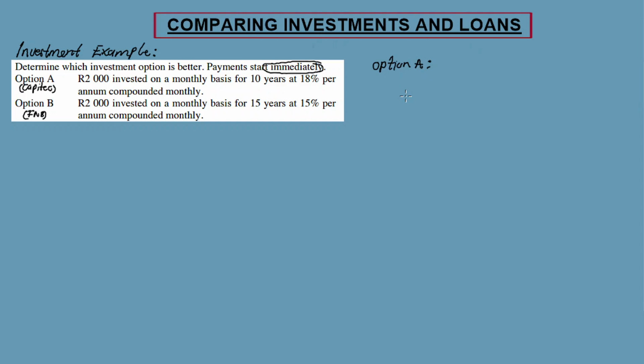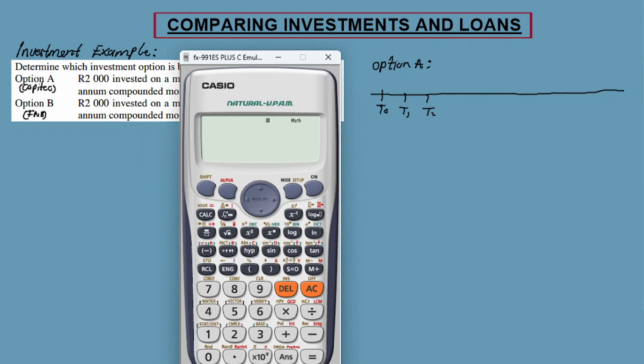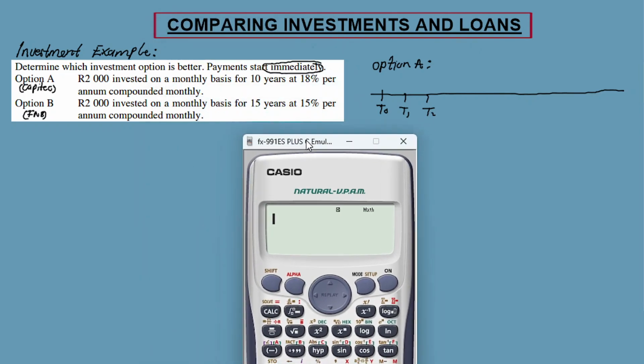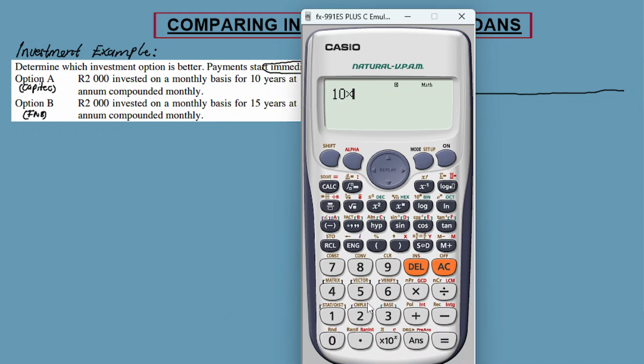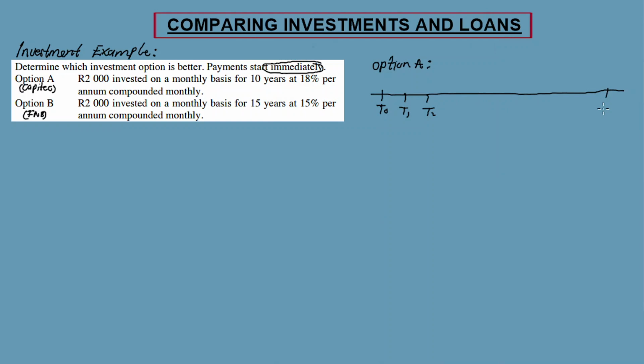So for option A we draw a timeline: T0, T1, T2. Option A for how many years? 10 years on a monthly basis. So 10 times 12 is 120. The last payment is made at T120.